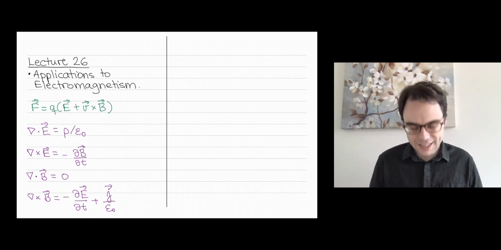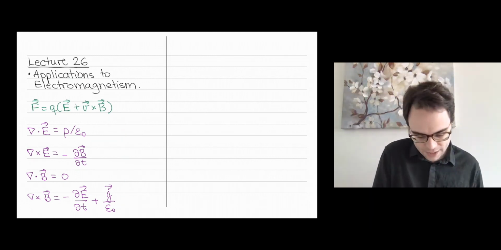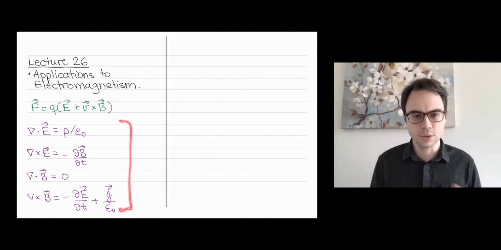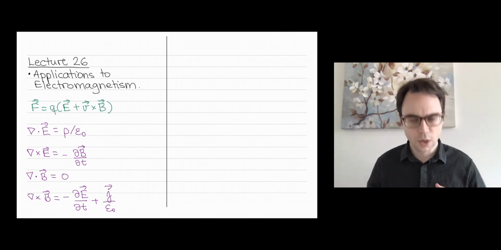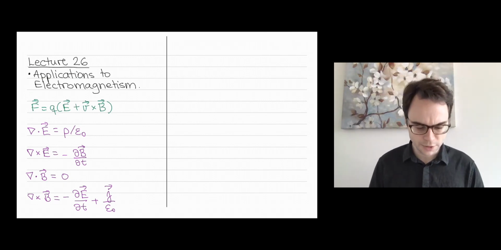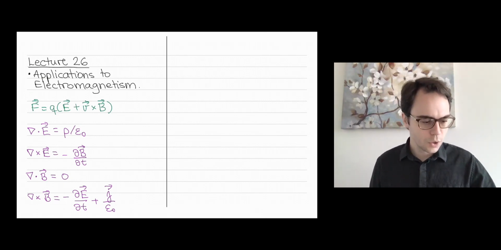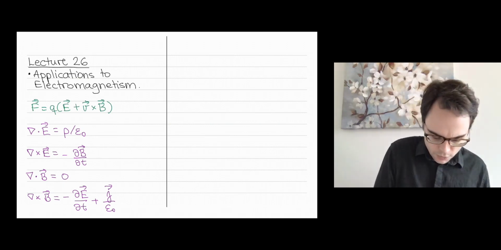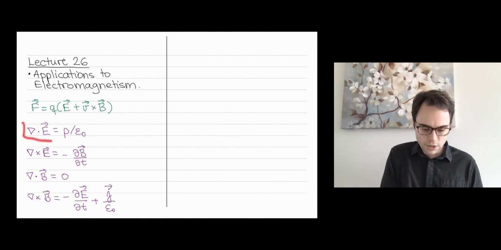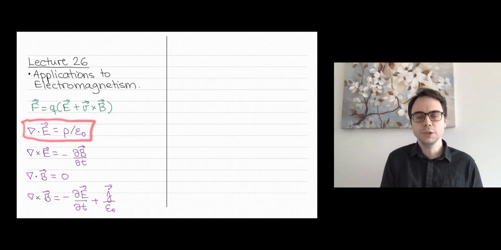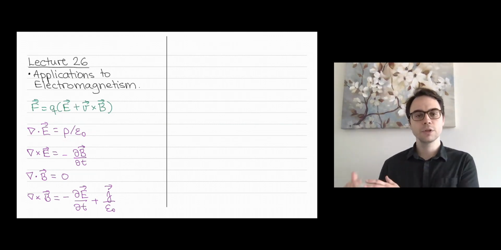It still takes considerable skill to be able to extract useful information from the equations in each case. So I want to show you how that's done. Okay, so my game plan is to extract from the first equation Coulomb's inverse square law.